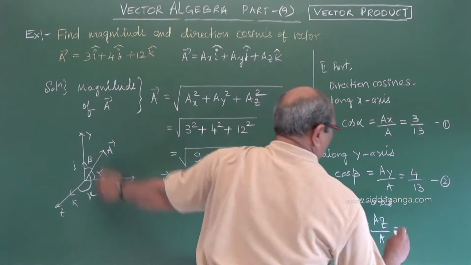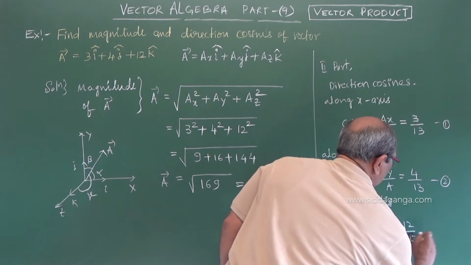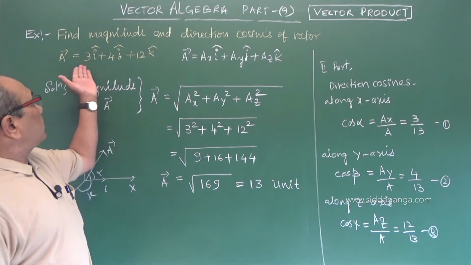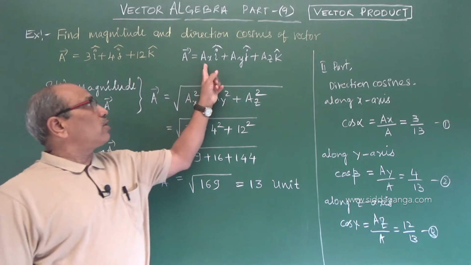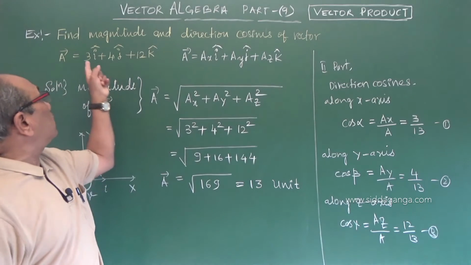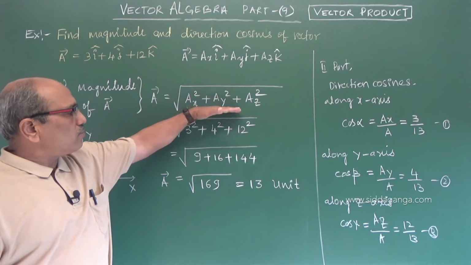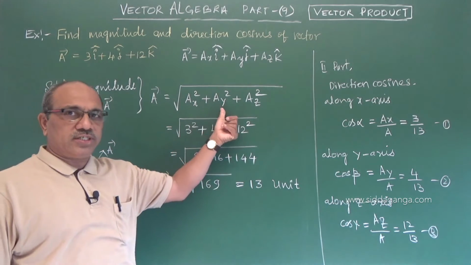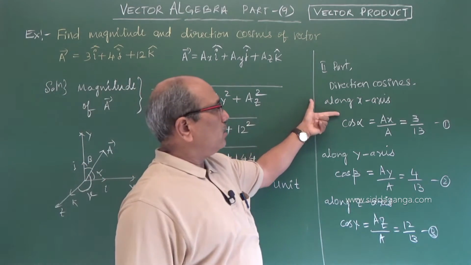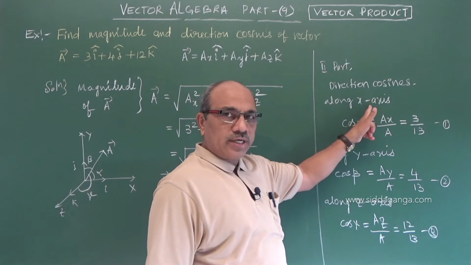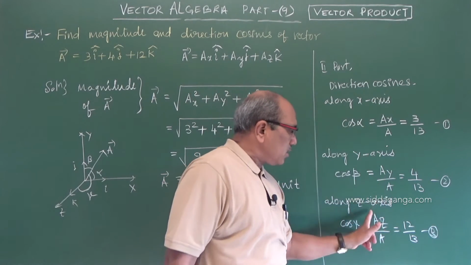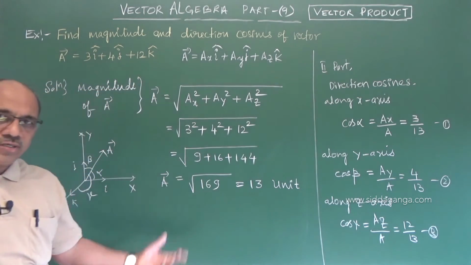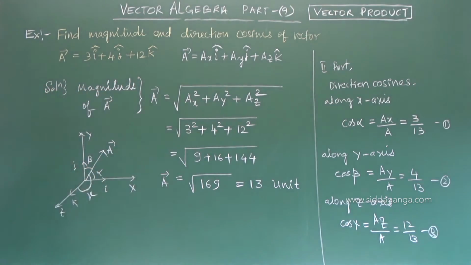Az is equal to 12, so 12 by 13 is the third one. So they gave the vector, you know the component values ax, ay, az are 3, 4 and 12. With the help of that we got the magnitude using this relation, root of ax square plus ay square plus az square, and using cos alpha along the x axis, along the y-axis and along the z-axis. I think you have understood. Let me go to another question.